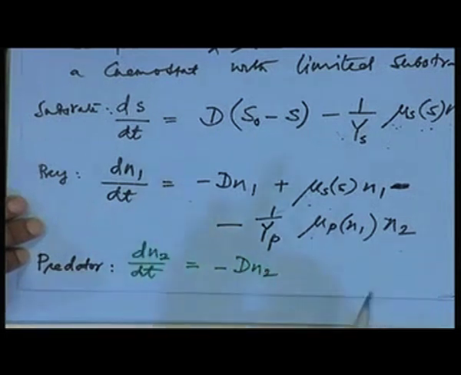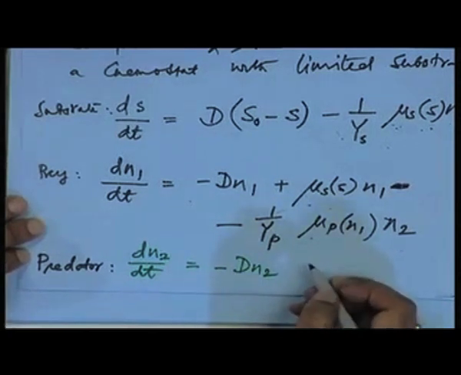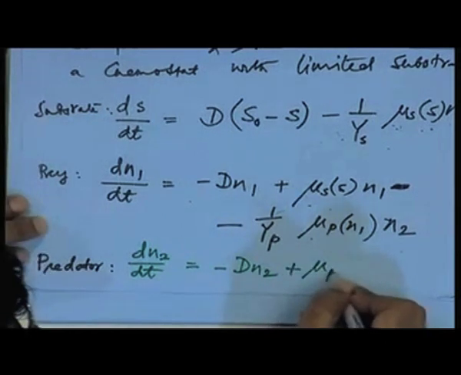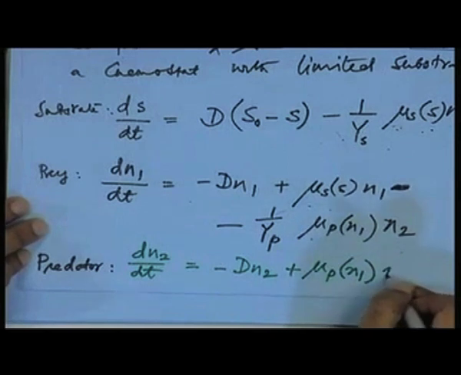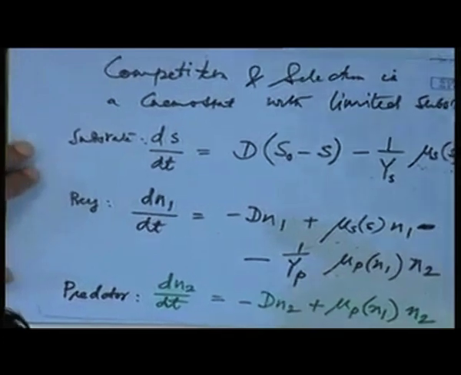Prey and predator are growing, and this is given by plus mu_p(N1) times N2. Okay. So, this is the overall model that we have.